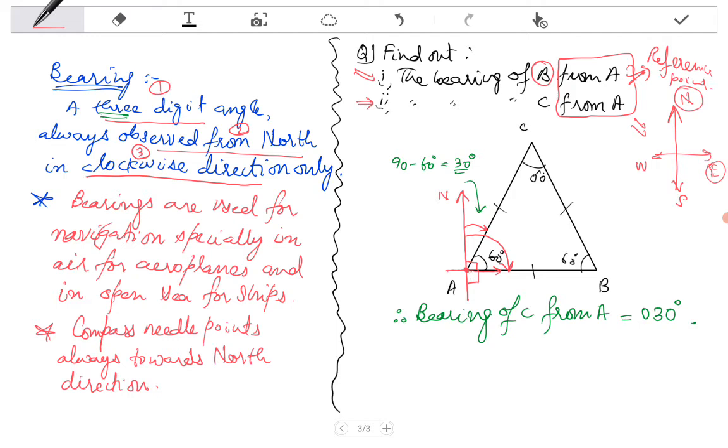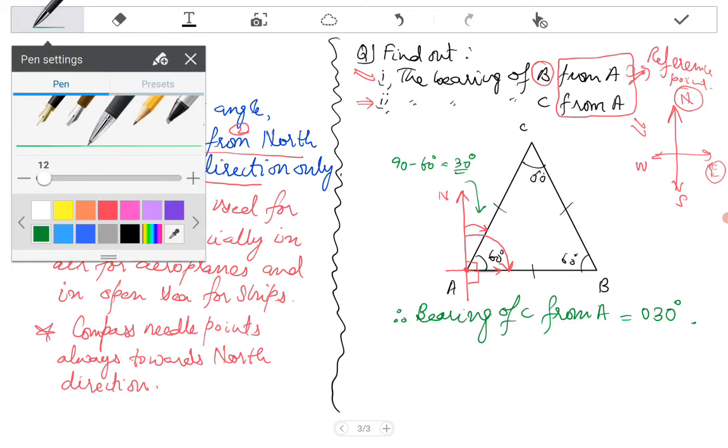A is the point where I am standing and I am observing from north how much angle I have to make in clockwise direction in order to connect my reference point with C, that is the bearing of C from A. And in clockwise direction from north, how much angle I have to make in order to find the line which is connecting my reference point to the point whose bearing is required, that is the bearing of point B. So it is easier to state your answer directly.